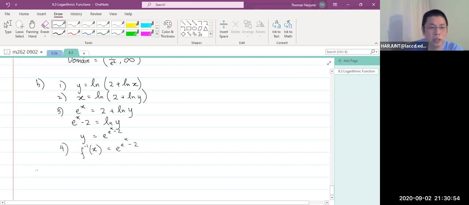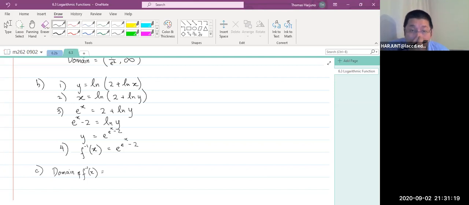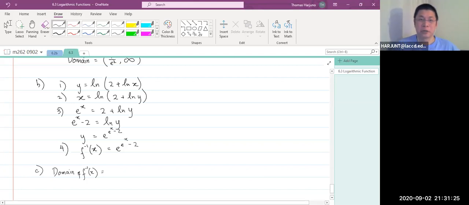Now, part C, what is the domain of f inverse of x? What kind of x are you allowed to plug in? Any x, right? You can plug in any x.